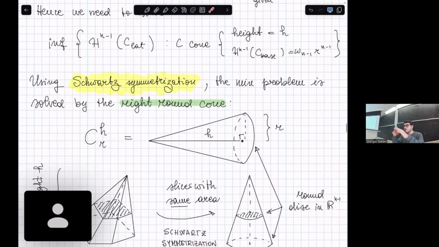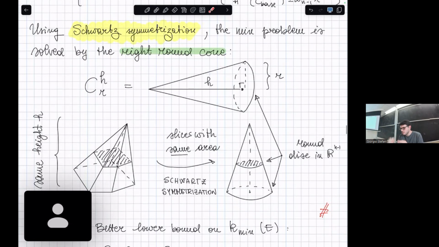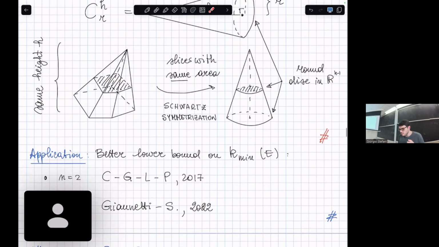Now, the idea is that among all cones with the same height and given base area, the minimal area that you can do for the lateral part is the one given by the right round cone. So you have to take a straight cone, so 90 degrees here, with a circle. This is a very simple principle. I won't enter into details, but this is part of the Schwarz symmetrization.